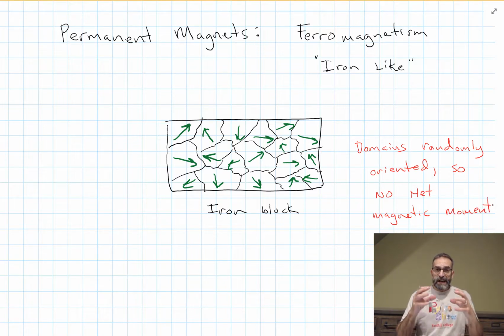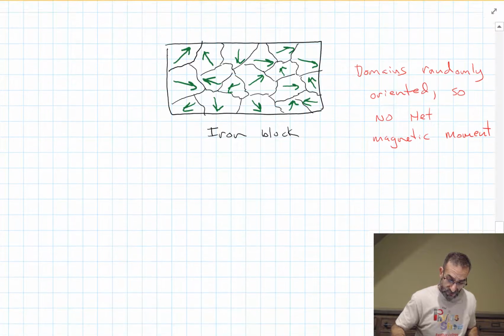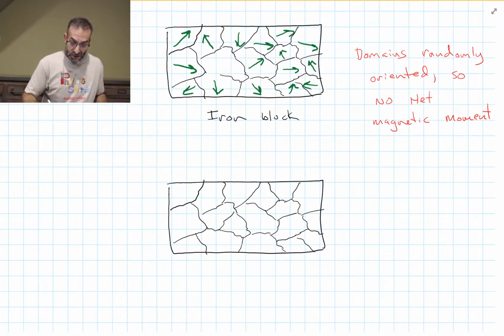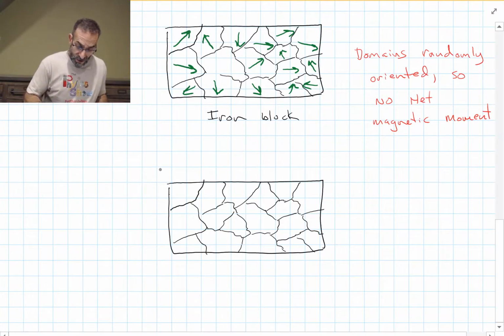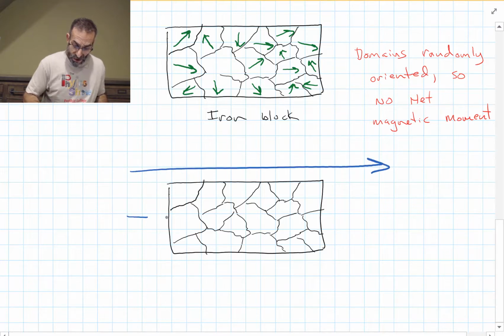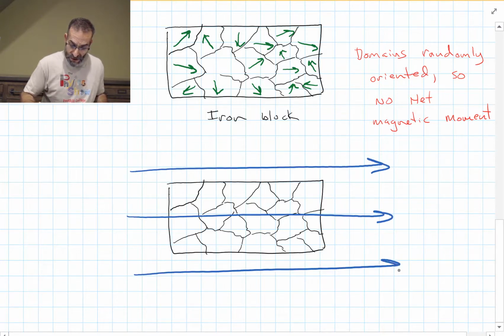If we take this iron block and put it into an external magnetic field, these domains tend to align with the field. So there's my iron block, and I've got a strong external field that points in this direction.